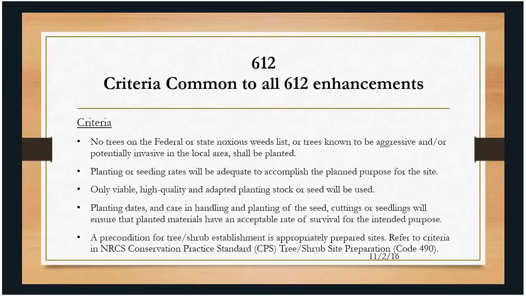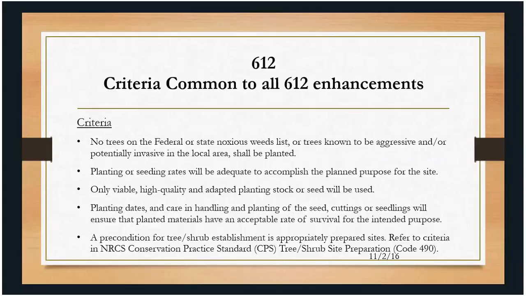Okay, moving on to the enhancements for 612. 612 is tree and shrub establishment. And there were some criteria in all of the enhancements for tree and shrub establishment that were the same, and we'll just go over those now. No trees on the noxious weeds list can be planted.